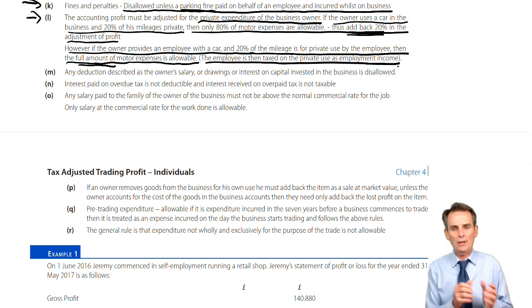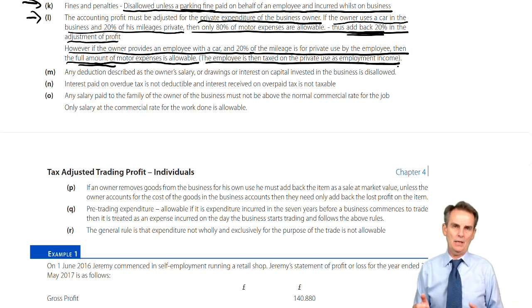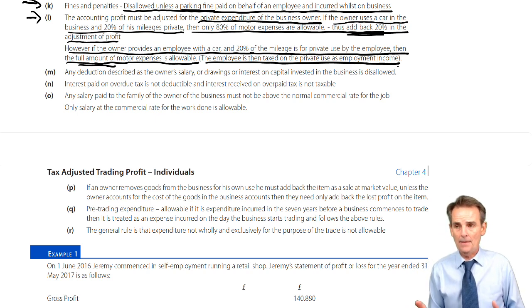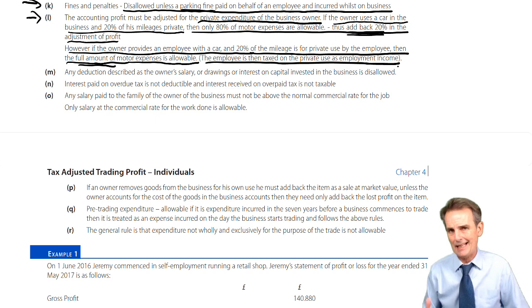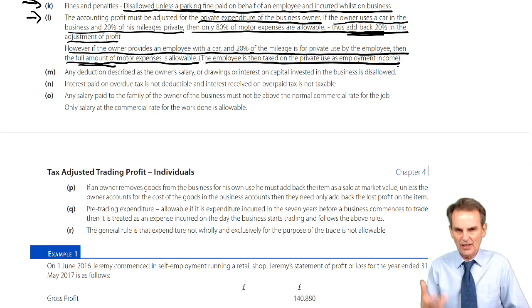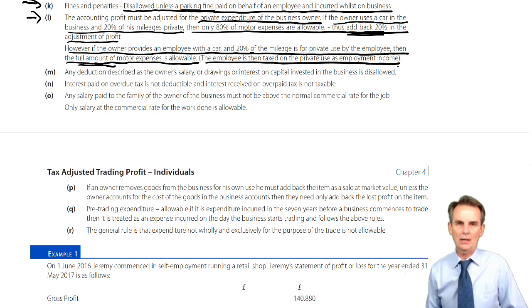If an employer provides an employee with a car, then the employment income assessment for the employee will include the assessment in relation to the car benefit. So that will be sorted out within the income tax system as employment income.